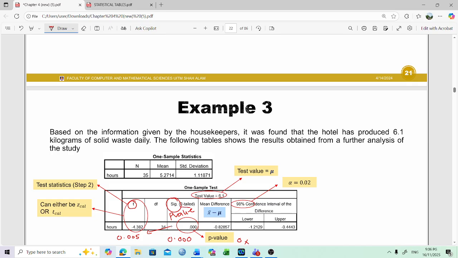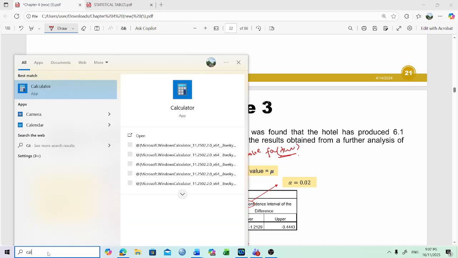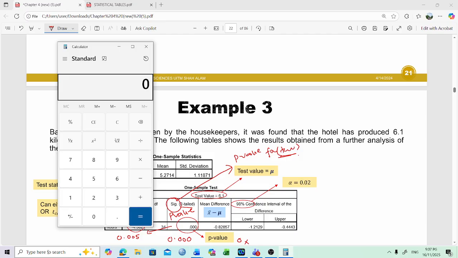Look at here, SIG two tail. It means that this p-value is for a two tail test. If you want it for your one tail, you need to divide by 2. So 0.005 divided by 2.